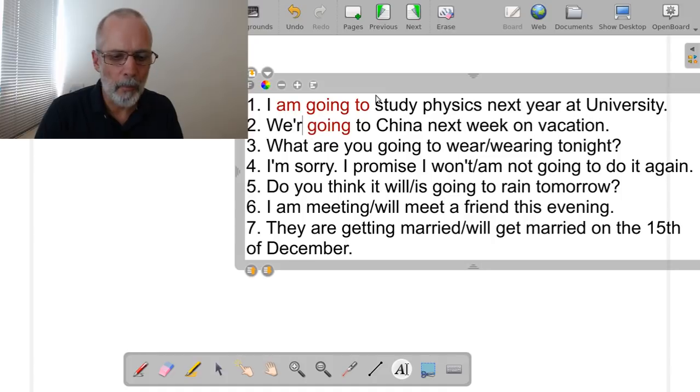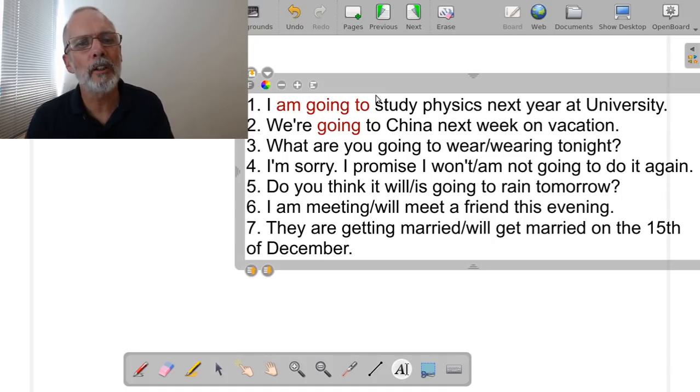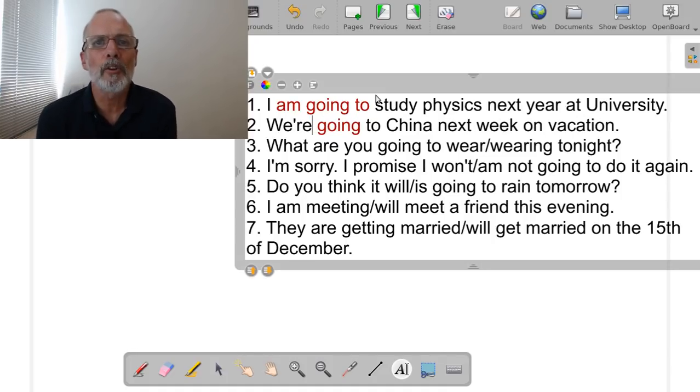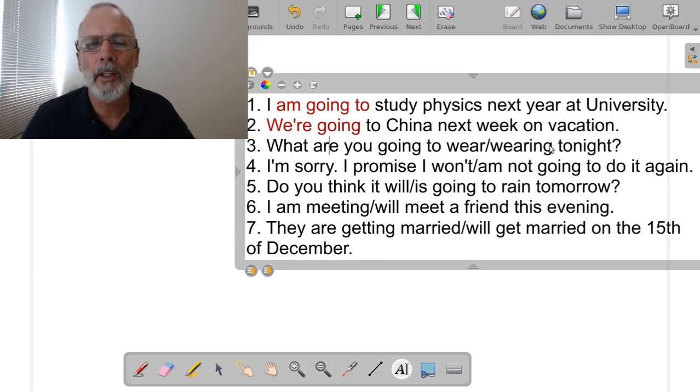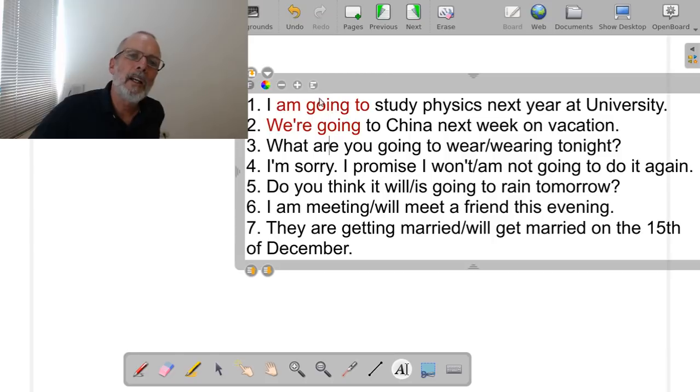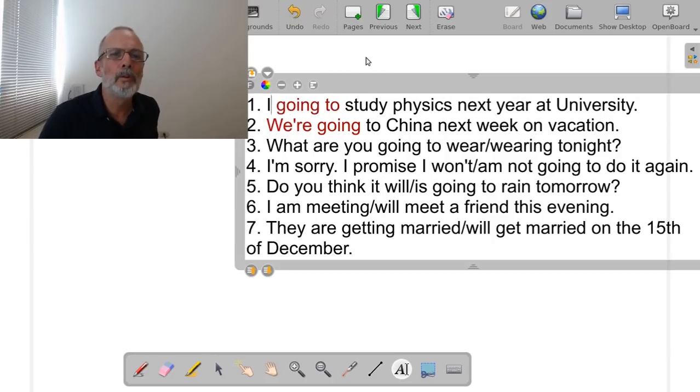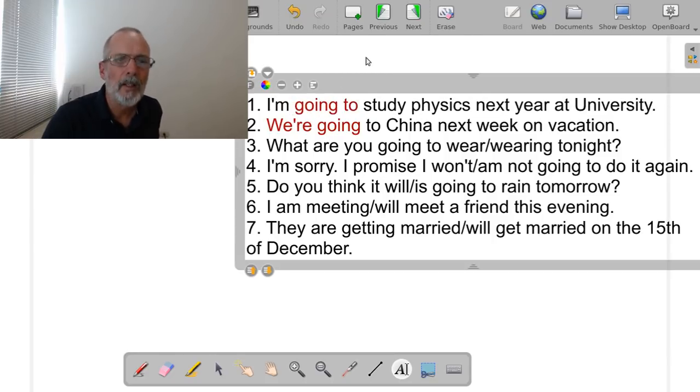We would just use the present continuous because the present continuous, if you remember, is used for arrangements, and an arrangement and a plan are very similar. So when the main verb is "go," we just drop it and we say "we're going to China next week on vacation." Here too we would use the contraction. I'm going.